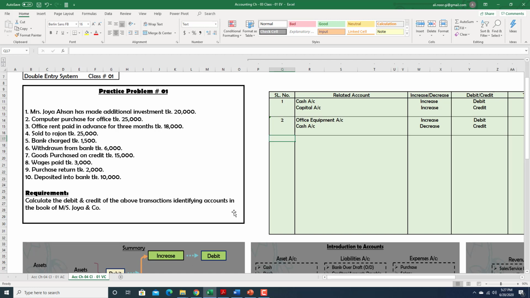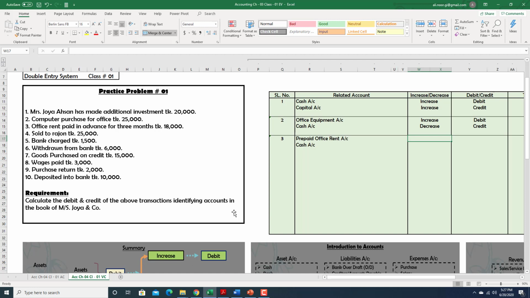So let's write 3. This is prepaid office rent account, and since we have paid, so cash must be here, so cash account.